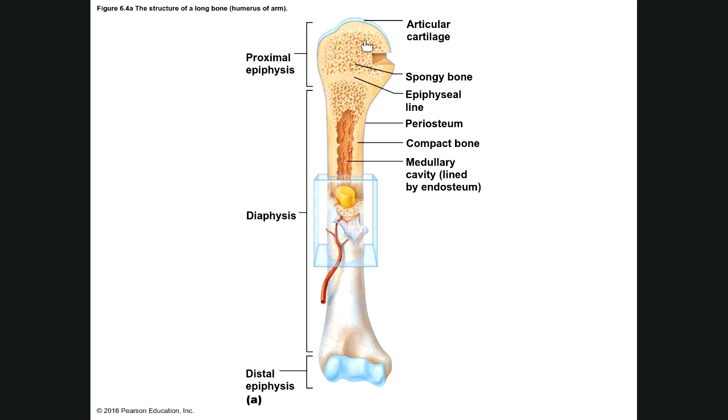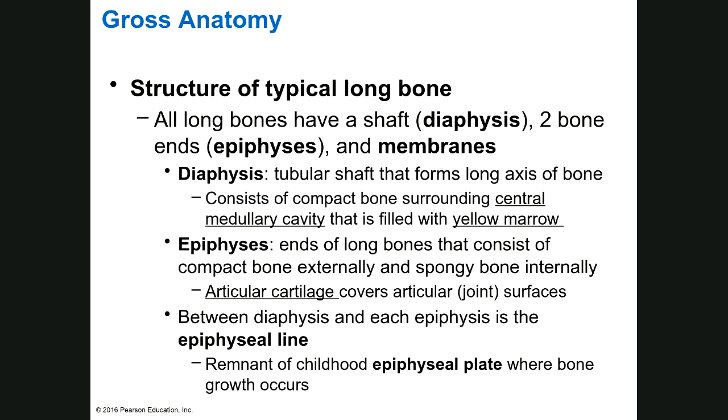Of course, at the ends here, because we're forming joints at this part, this is articular cartilage. Remember, articular cartilage is hyaline cartilage. So that's really the anatomy of the long bone. And this previous slide is just saying everything I just said in words.